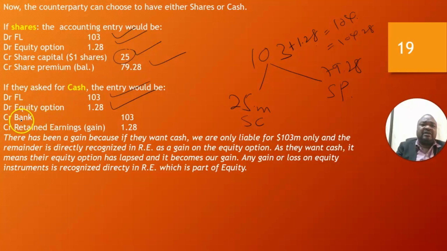And then we are going to credit the bank with 103, and we are crediting retained earnings, which is a gain. As we reduced our equity, we made a gain, because if they want cash, we are only liable for 103 million only, and the remainder is directly recognized in retained earnings as a gain on the equity option.